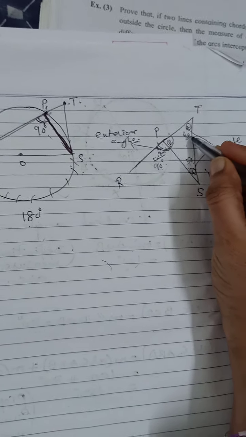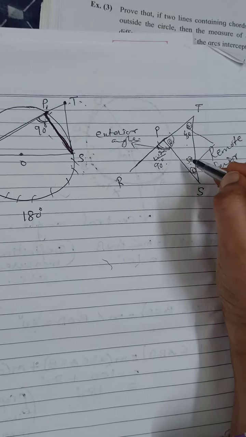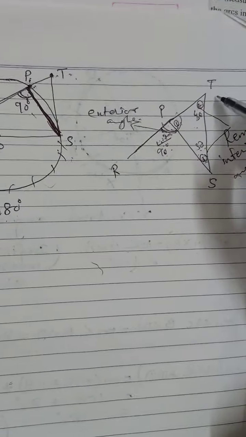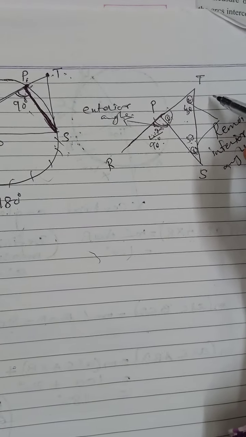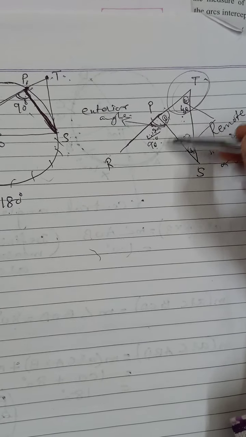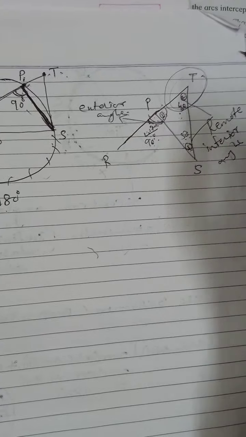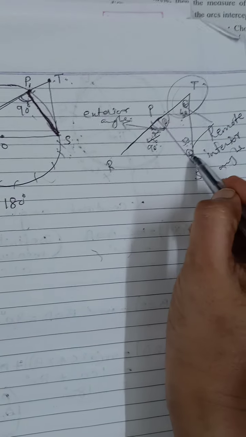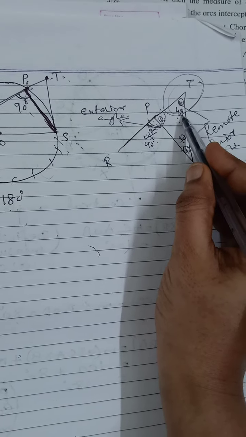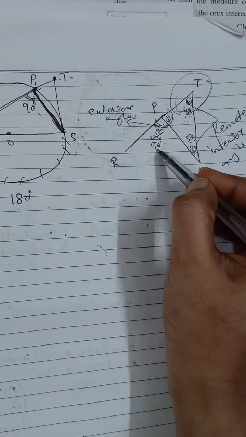That means 40 is smaller than this and 50 is also smaller than this. The point I am trying to explain is that an interior angle is always smaller than its exterior angle, because the exterior angle is the addition of 2 angles, and whenever we compare any one interior angle, it will always be less than the exterior angle.